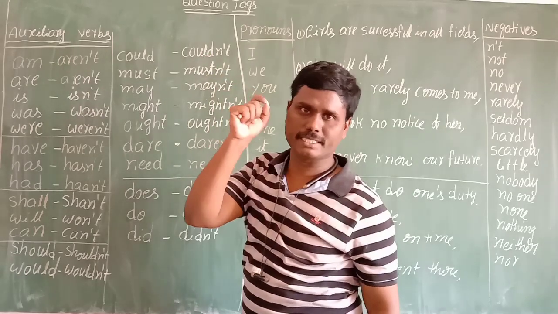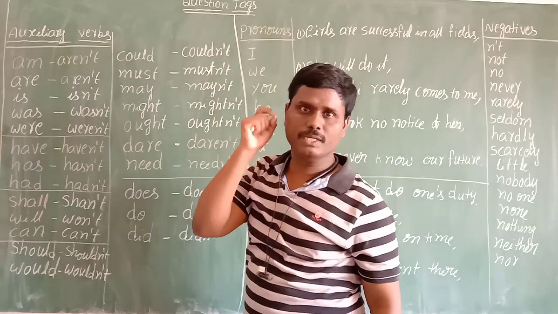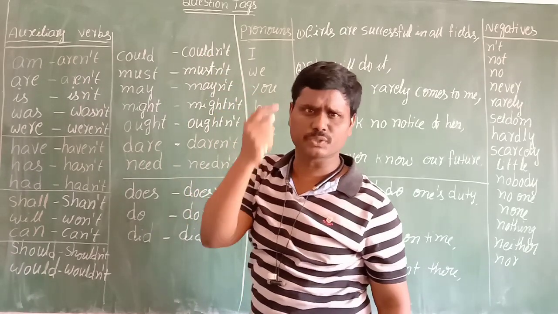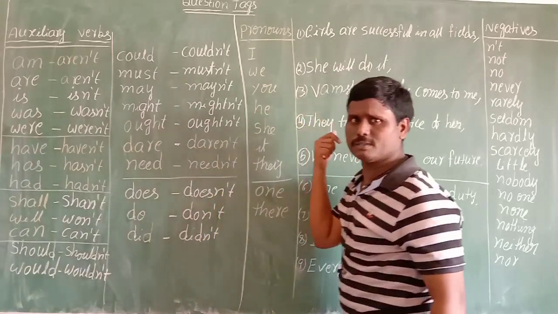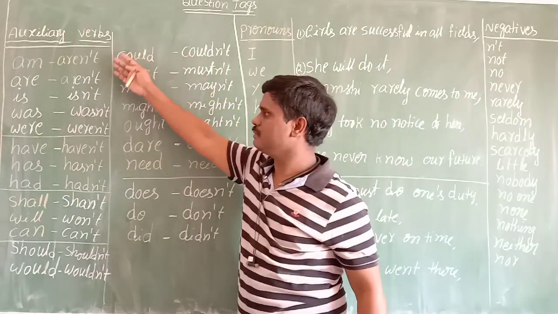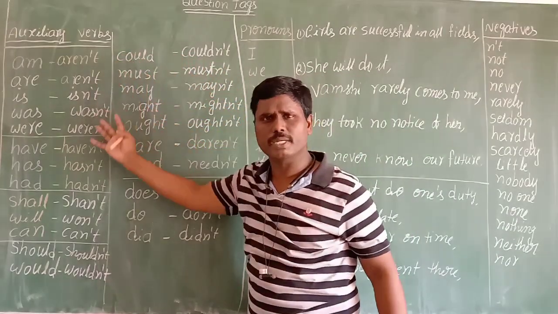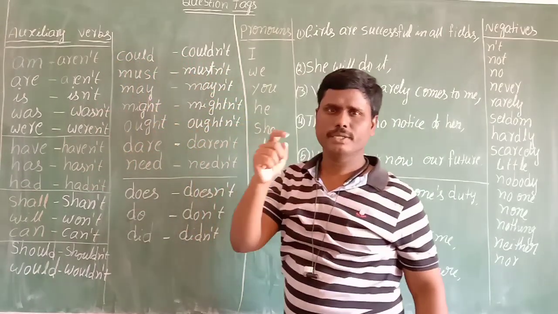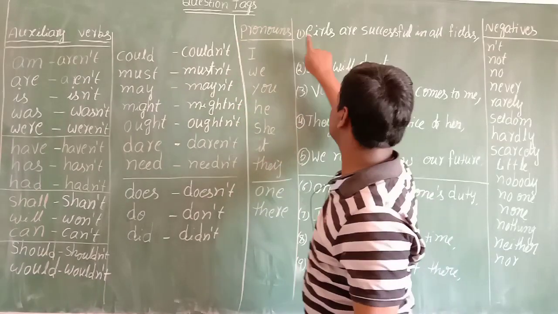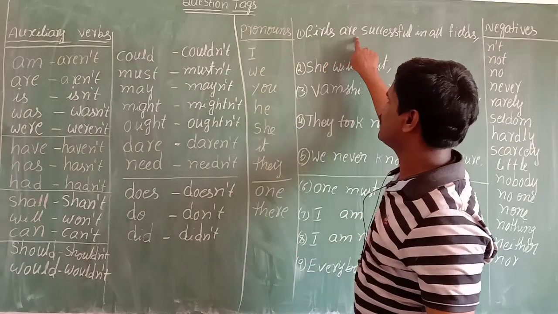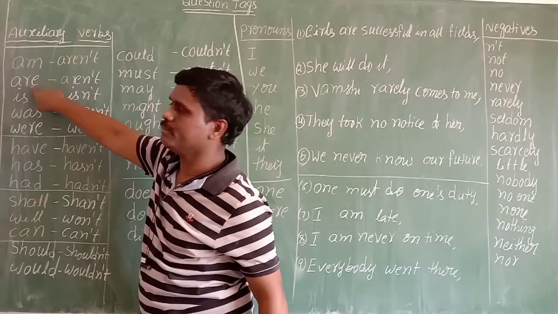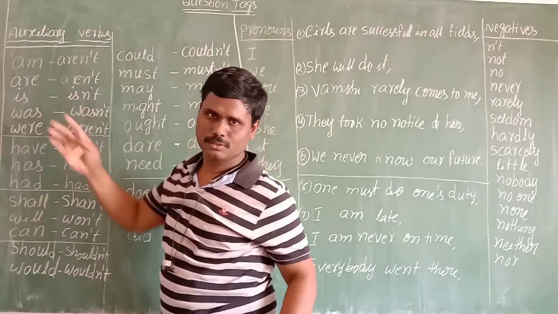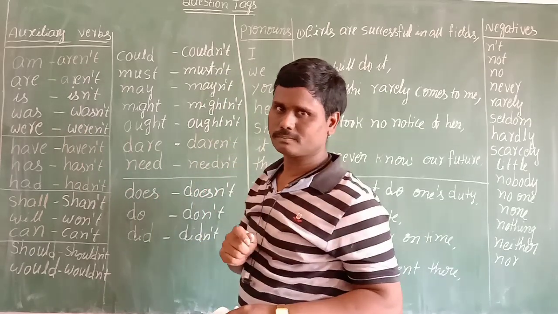You see and identify. If you want to identify, first you should know what a helping verb is. That is why I have given you a list. All these are very basics. Once you listen, you don't forget. So here, girls are: R means helping verb, auxiliary verb. Friends, I think you understand.